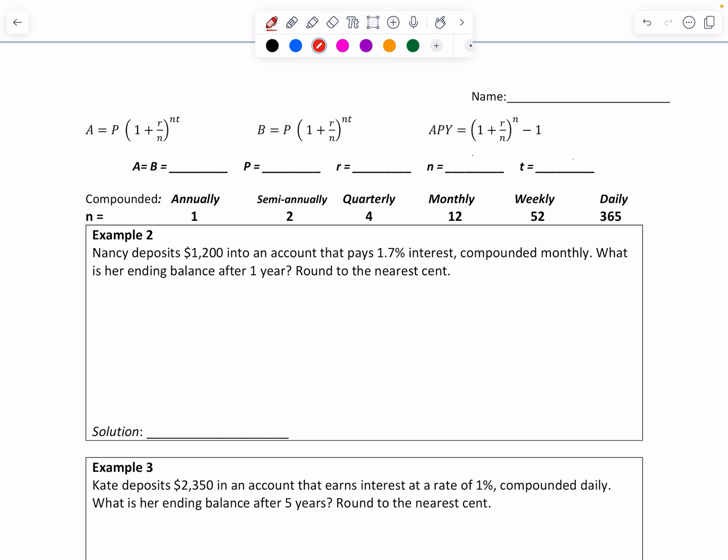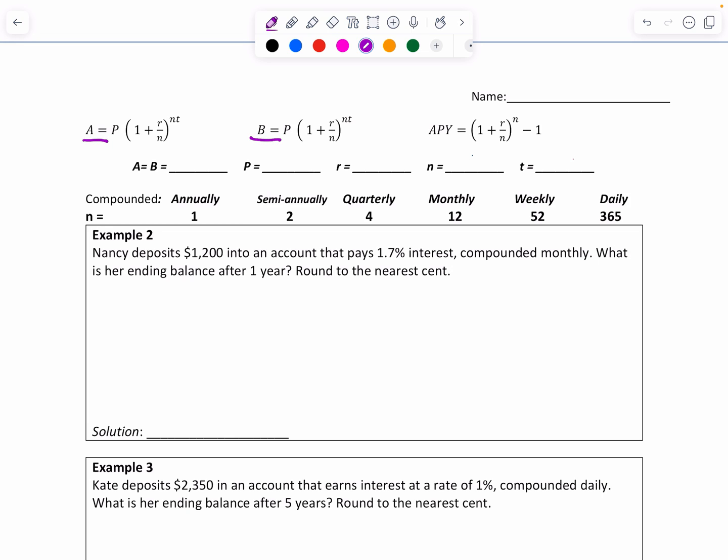Okay, so a couple of formulas for you. There's 3 separate formulas. The letters stand for the same thing in each formula. Now some formulas have different letters, right? This first formula, sometimes it says A equals, sometimes it says B equals.